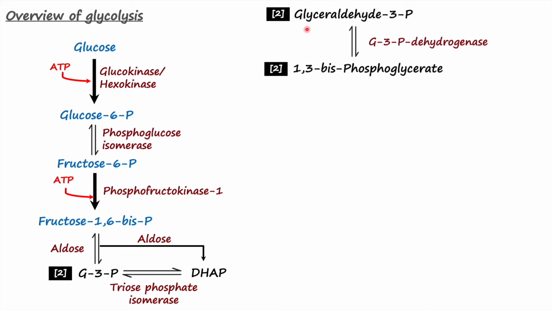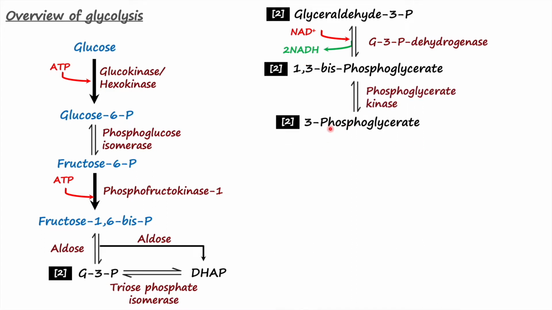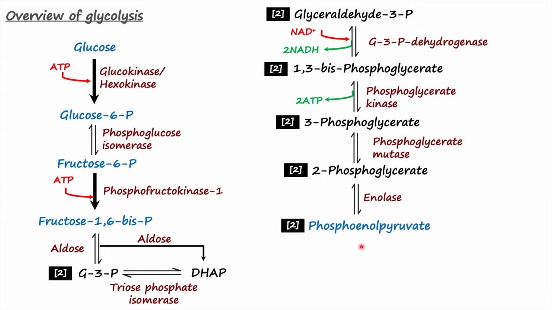Subsequently, glyceraldehyde 3-phosphate is oxidized into 1,3-bisphosphoglycerate, and this is the reaction where NAD plus is reduced to NADH. 1,3-bisphosphoglycerate is then converted into 3-phosphoglycerate, and this reaction also synthesizes two molecules of ATP. 3-phosphoglycerate is then converted into 2-phosphoglycerate, and dehydration of 2-phosphoglycerate synthesizes phosphoenolpyruvate, which is then converted into pyruvate with the help of the enzyme pyruvate kinase, which synthesizes two molecules of ATP.